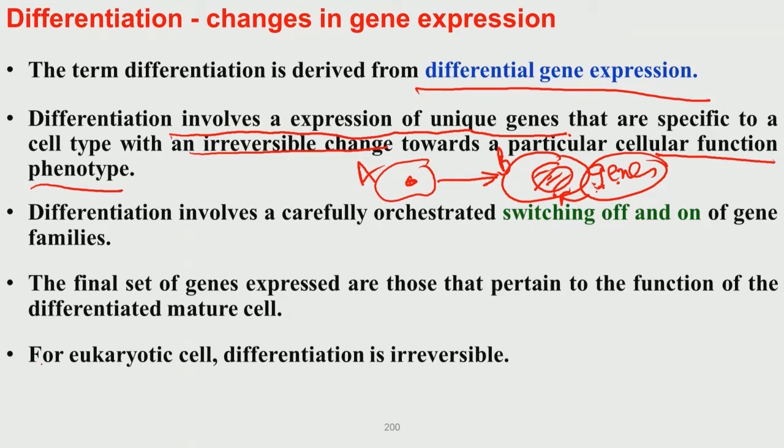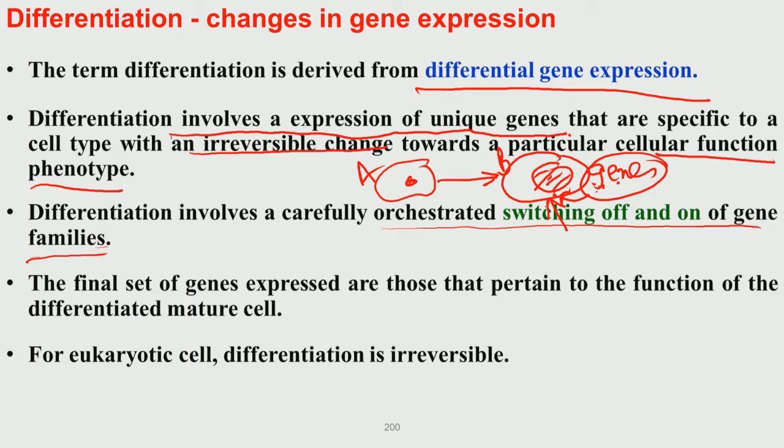Okay. So, the third point that has been mentioned here involves orchestrated switching off and on of certain gene families. So, certain specific gene families are switched on, that means they will be expressed or upregulated now, which will be related to the more mature cell type here.